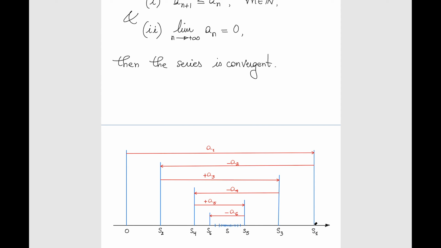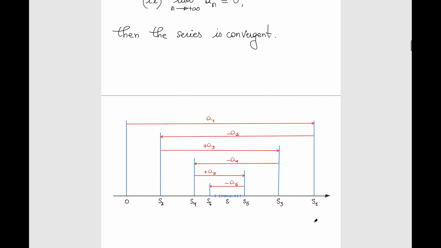And then to get S2, you subtract A2, remember? S2 is A1 minus A2. So it's S1 minus A2. Remember, all the Ai's are positive, so A2 is positive. You're going to subtract, so you go to the left of S1 by A2 units. But you're not going to go too far. You're going to go while staying positive.